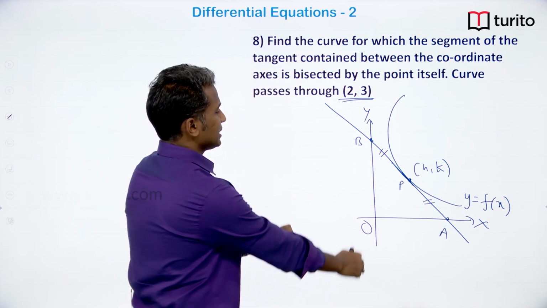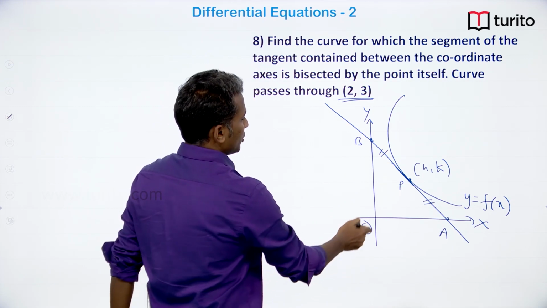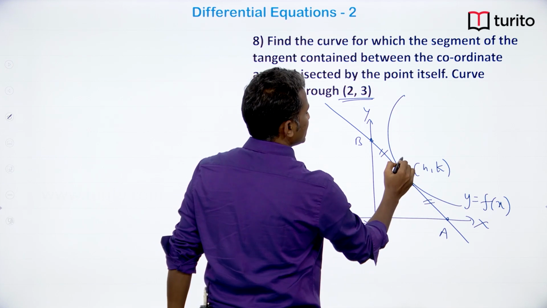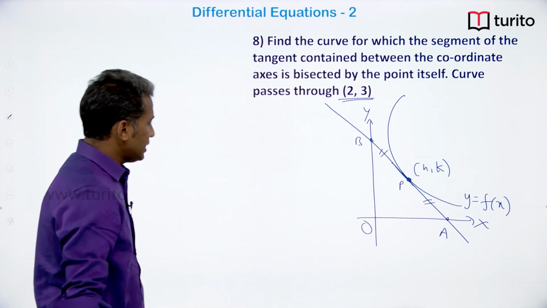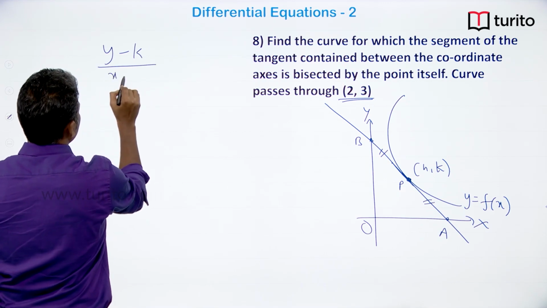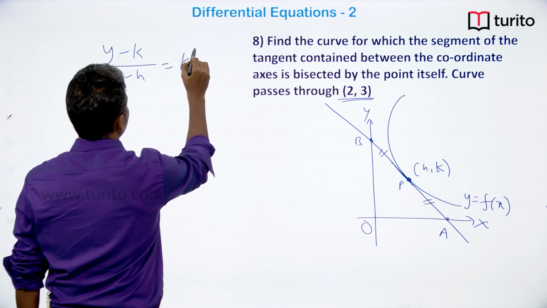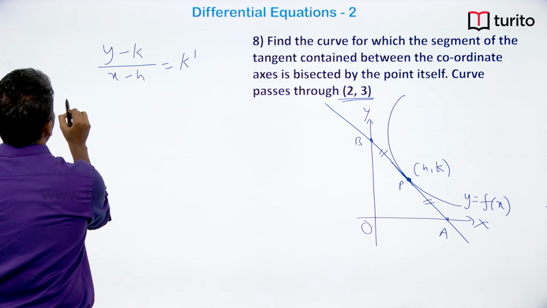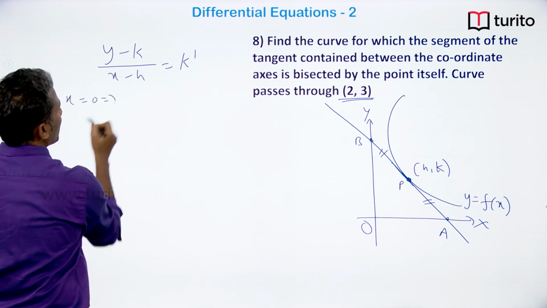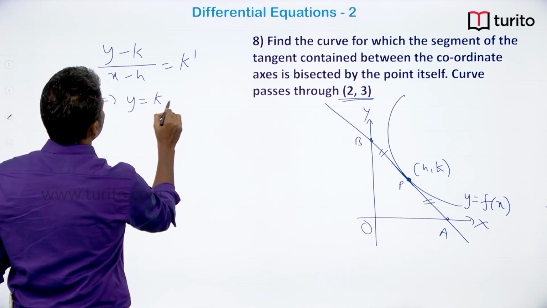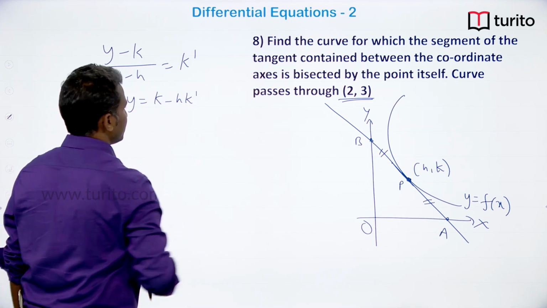So, how do we do that? Let us get the tangent first. Because the derivative of the curve at this point is taken as k dash, the equation of the tangent will become (y minus k)/(x minus h) equal to k dash. This is the tangent. Now, if I put x equal to 0, I get y equal to k minus h k dash.